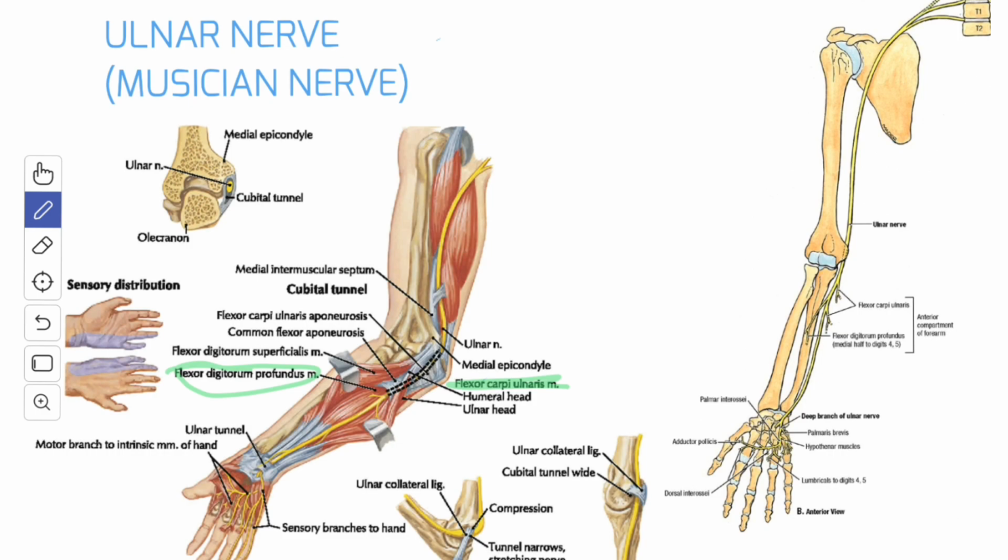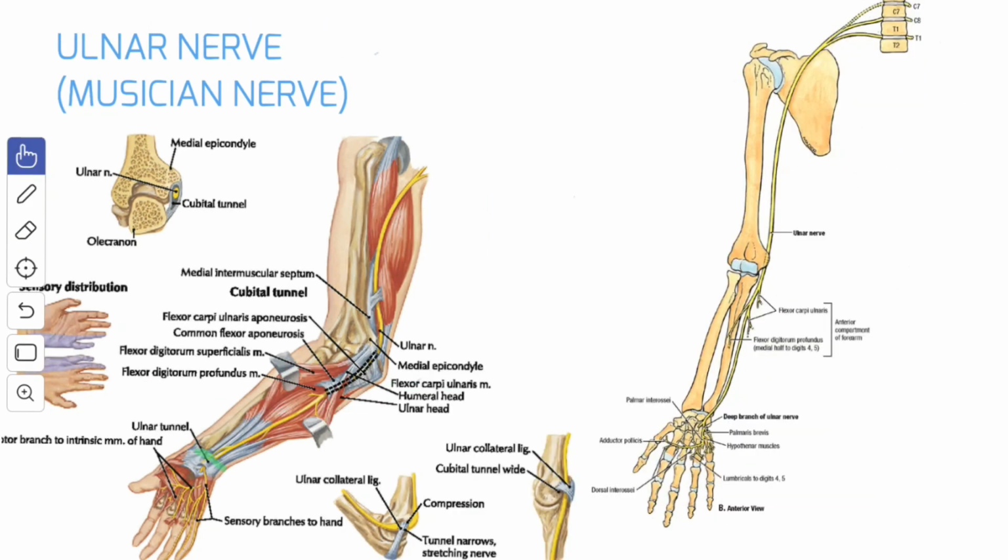It descends through the forearm between flexor carpi ulnaris and flexor digitorum profundus. It passes over the flexor retinaculum superficially. That one is the flexor retinaculum.